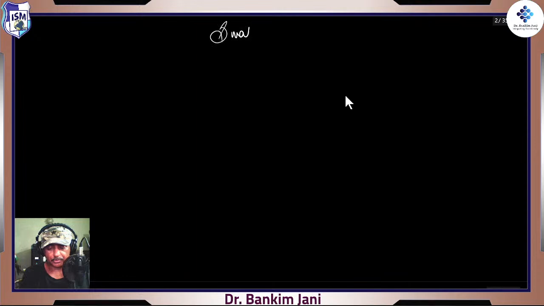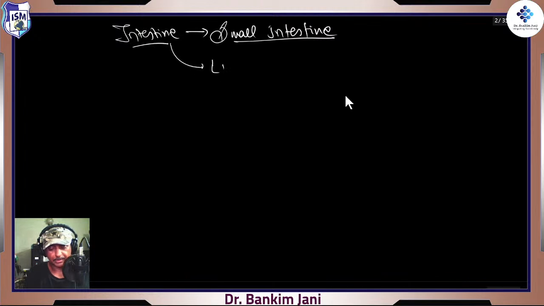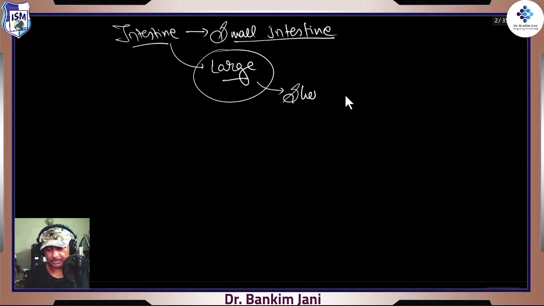So when we talk about the small intestine, only a few keywords are to be remembered, right? We say intestine, and we say small and large. That's not our topic today, because the large intestine is very specific: it is short, and it is more distensible.